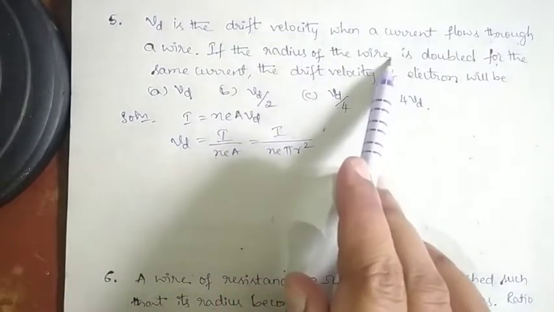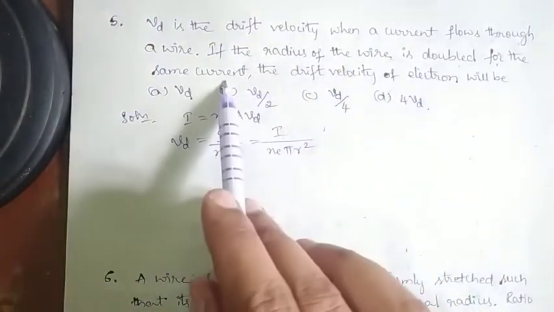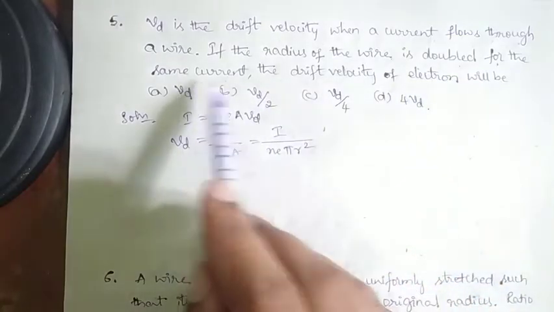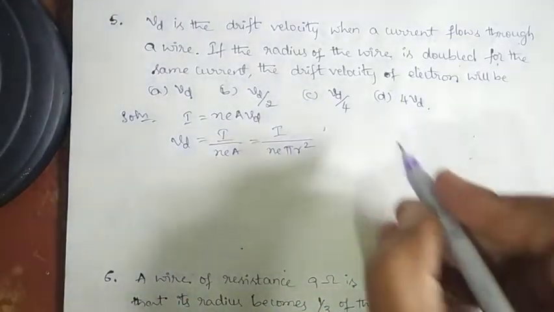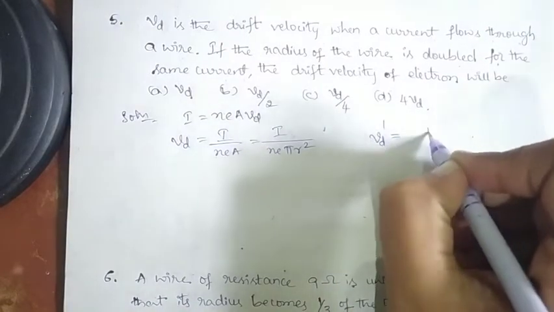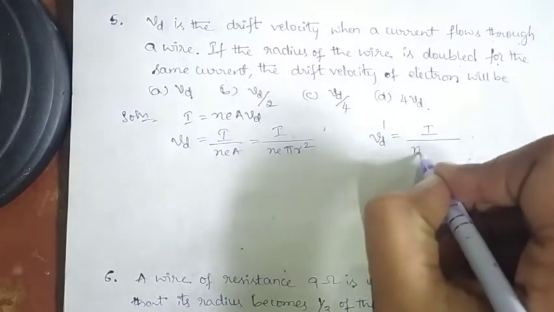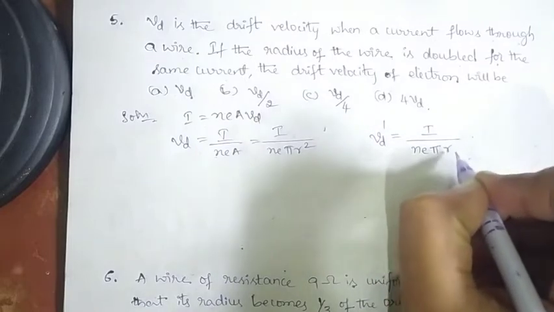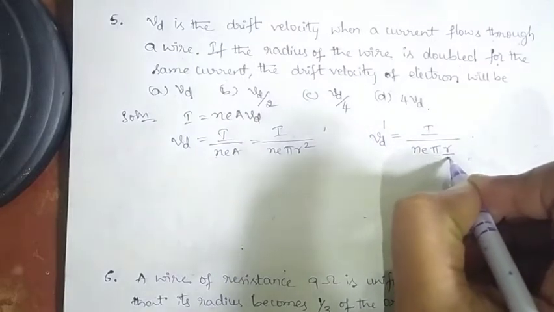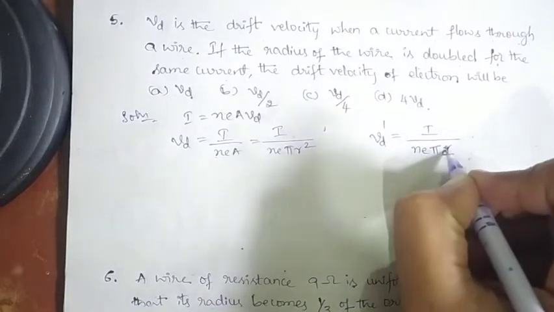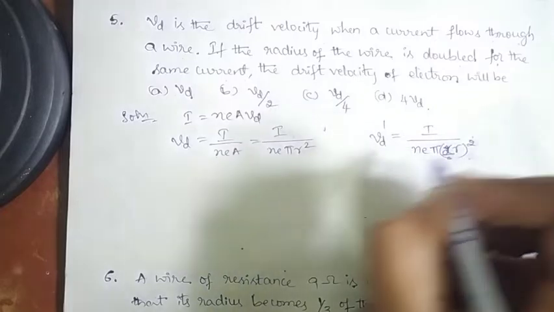If the radius of the wire is doubled for the same current, the current will be the same but the radius will be doubled. Then the drift velocity is given by Vd dash equals I divided by NE pi (2r) whole square.